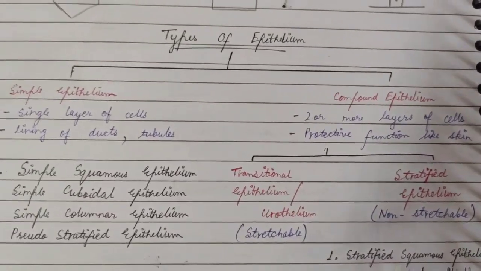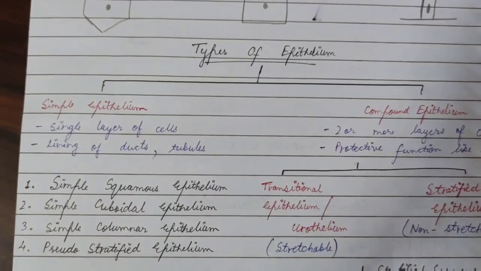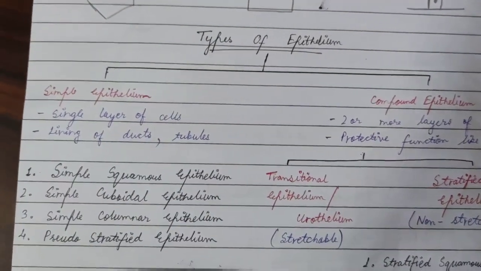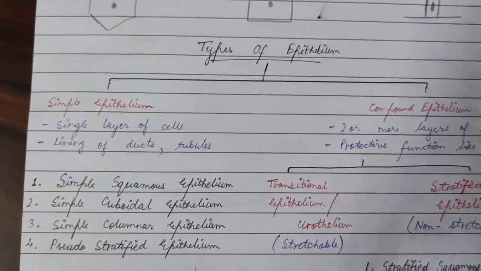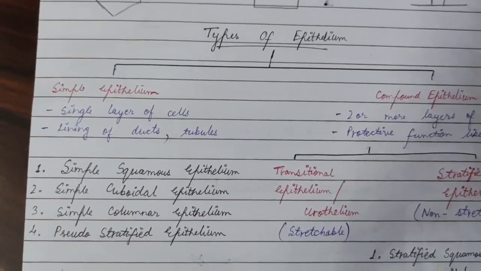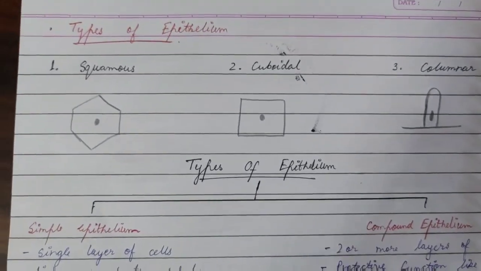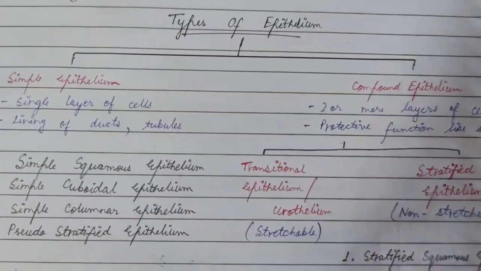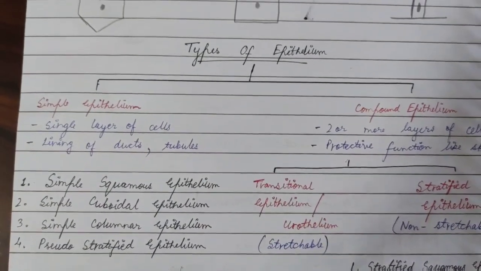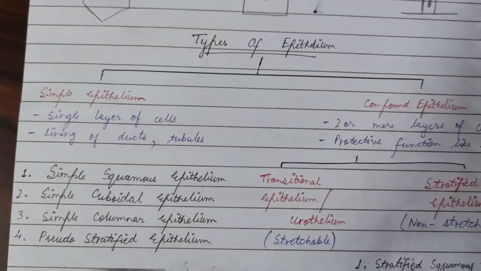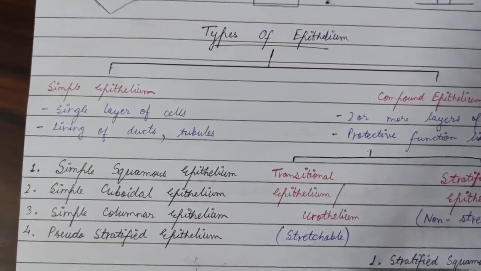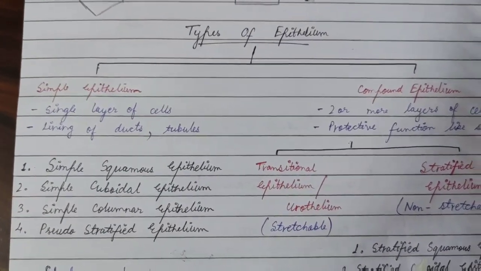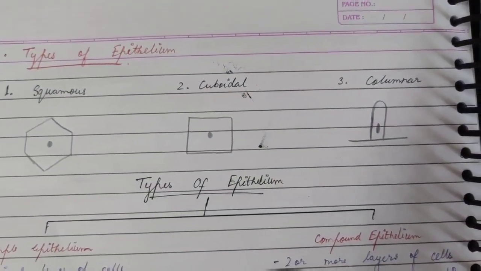Now let us see their names. It is very easy to name the types of epithelium. In simple epithelium, first we write simple and then the shape of the cell. So, simple squamous epithelium, meaning there is a single layer of squamous cells. Second comes simple cuboidal epithelium.